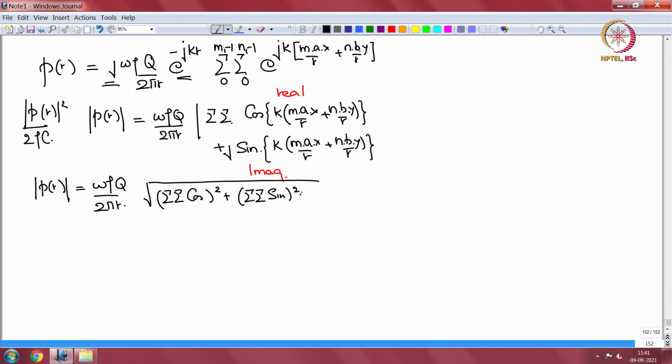So real squared plus imaginary squared, square root, that is the amplitude.